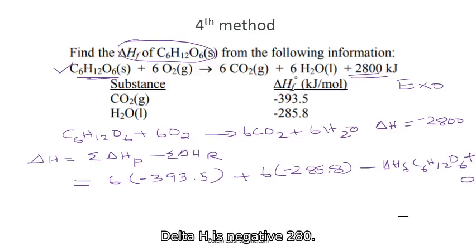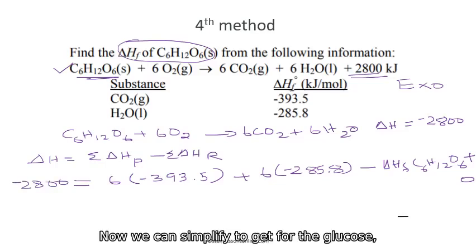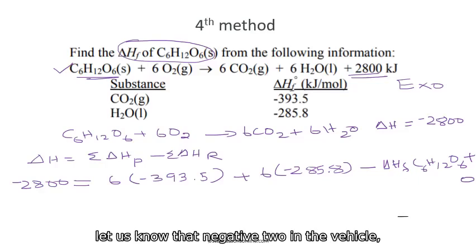So what is delta H? Delta H is negative 2800. Okay, so now we can simplify to get the value for glucose. Let us do that.